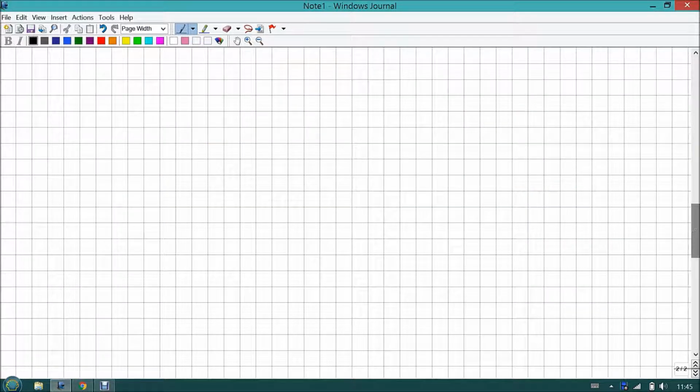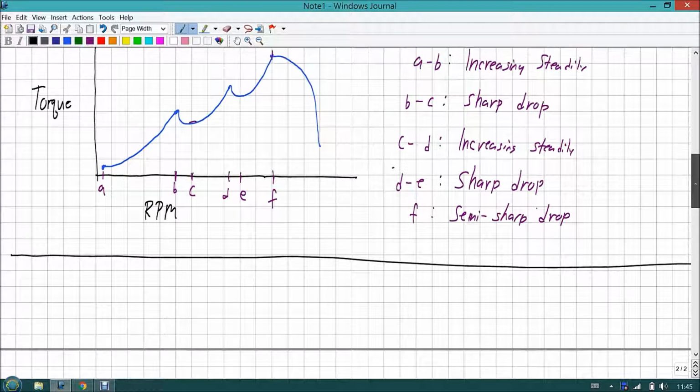Now, there are two different types of things. If you'll note that this is kind of a continuous line. Because it's a continuous line, or a non-broken line, this is what is called a continuous graph.